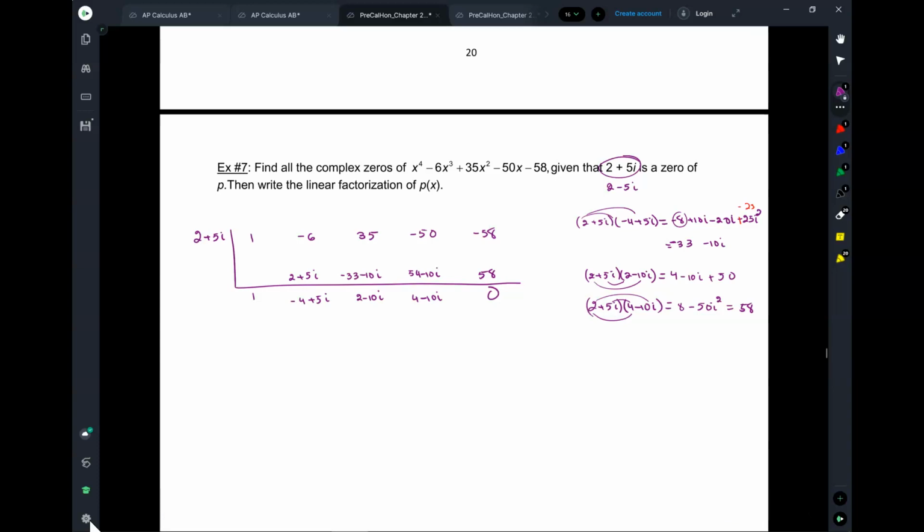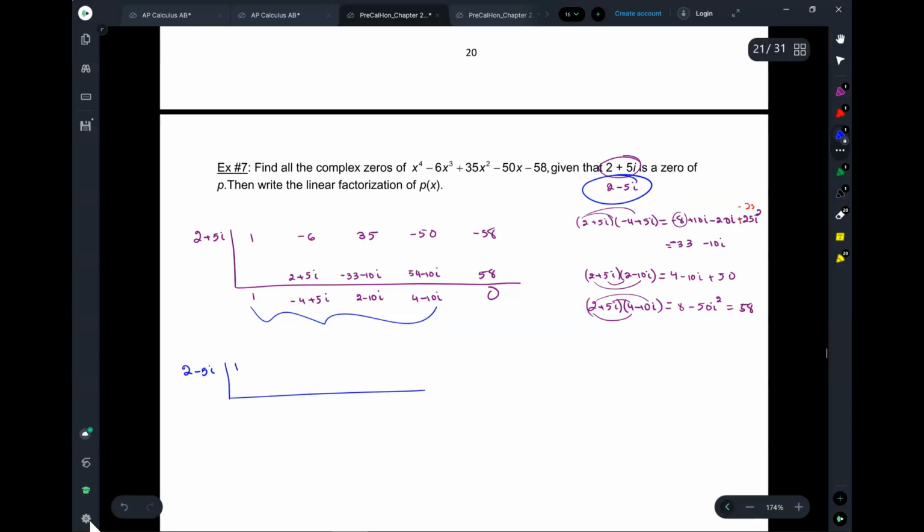Now, I want to do synthetic division again with this 0 and these numbers. Bear with me. This is going to come out really, really cute. So 2 minus 5i, 1, negative 4 plus 5i, 2 minus 10i, 4 minus 10i. Let's do this. 1 comes down. 2 minus 5i.